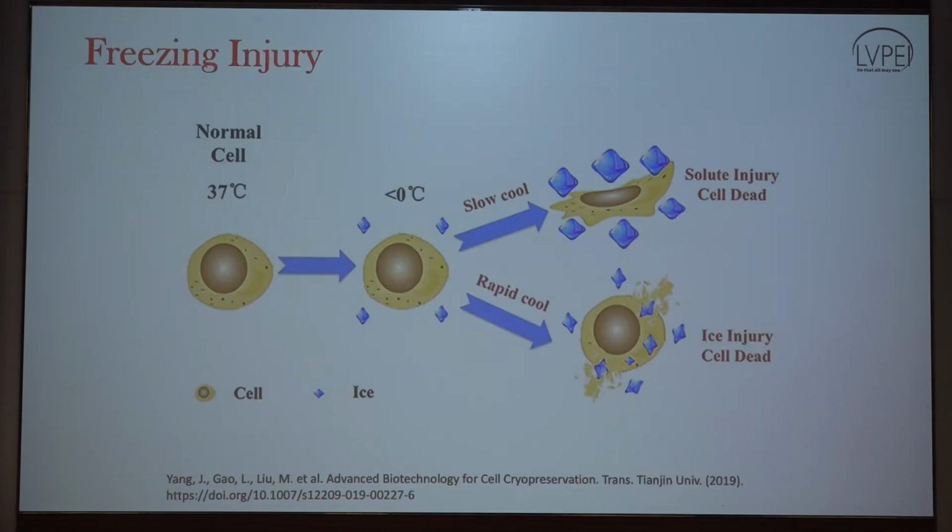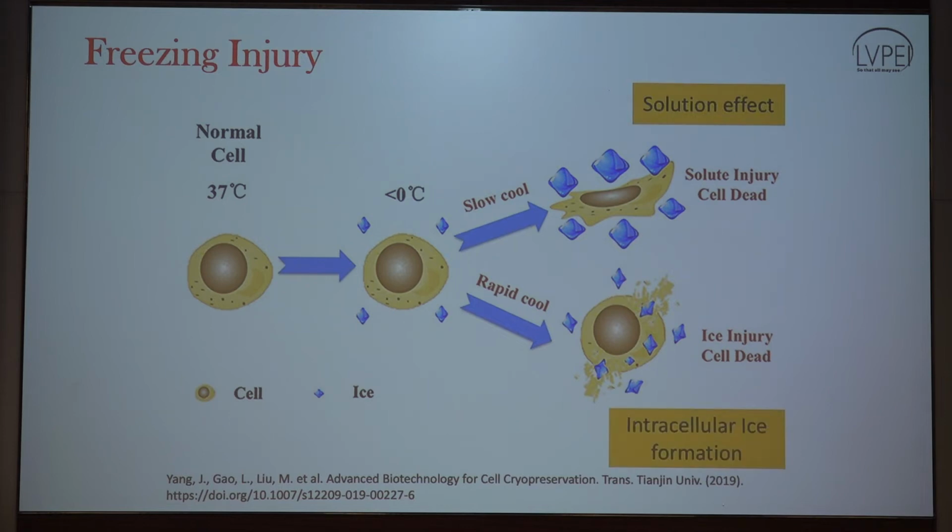The disadvantage of cryopreservation is that whenever we freeze the tissues fast, there is ice crystal formation and disruption of the cellular organelles, which damages the cell. When there is slow cooling, ice forms in the intercellular space, and there is a loss in osmosis, and the water is drawn out from the cells into the interstitial space, creating a solute injury, meaning there is a high concentration of electrolytes inside the cell.